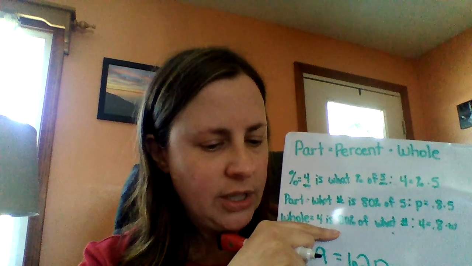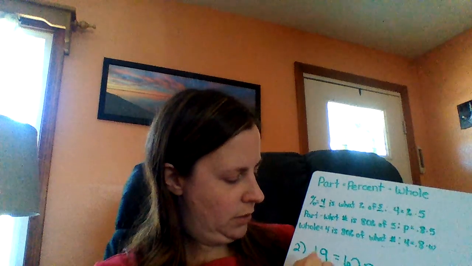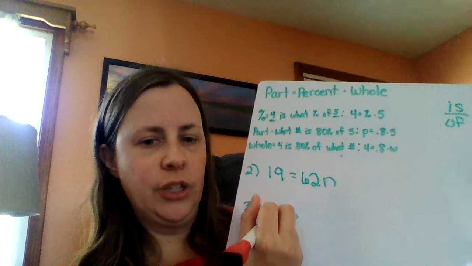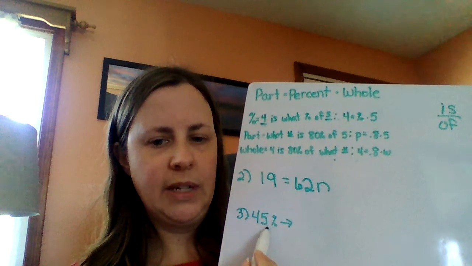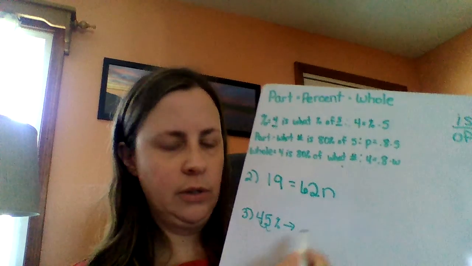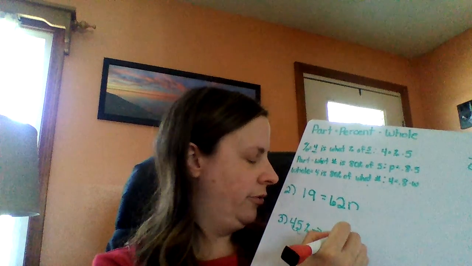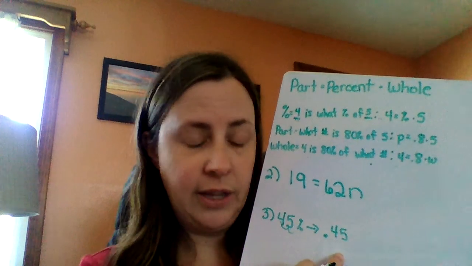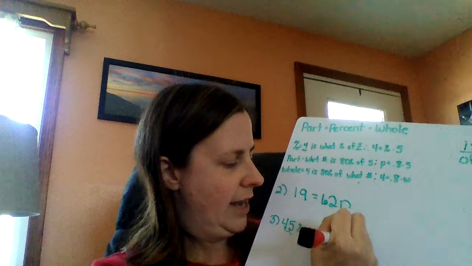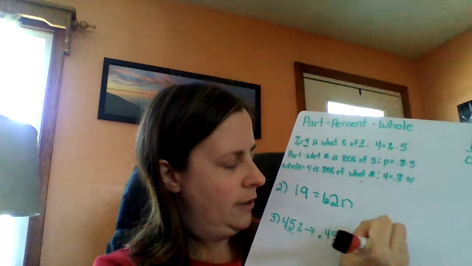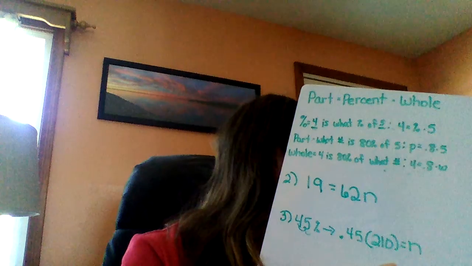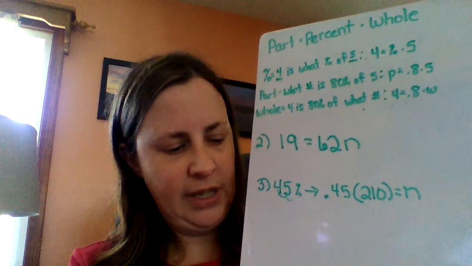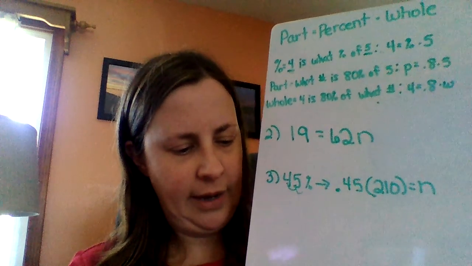My percent is 45. Remember, I need to get that as a decimal, so I just move my decimal 2 spots over. So it's 0.45. I'm going to multiply it by the other number that I know, which is 210, and that is going to give me n. So 0.45 times 210 equals n.